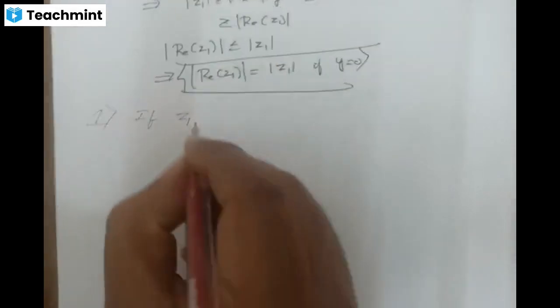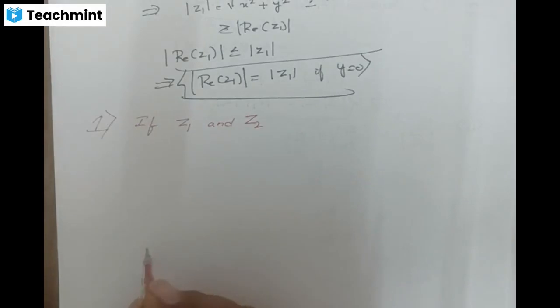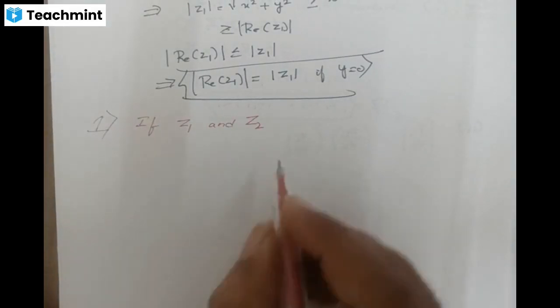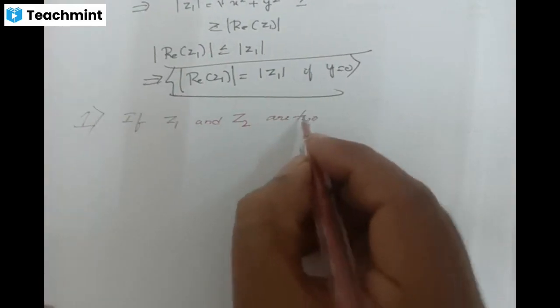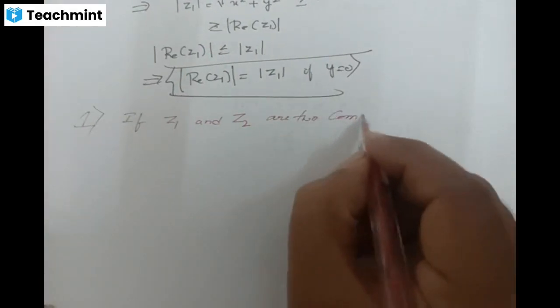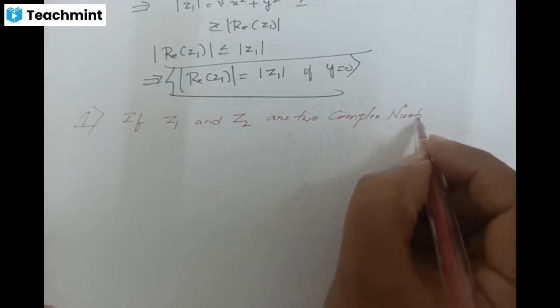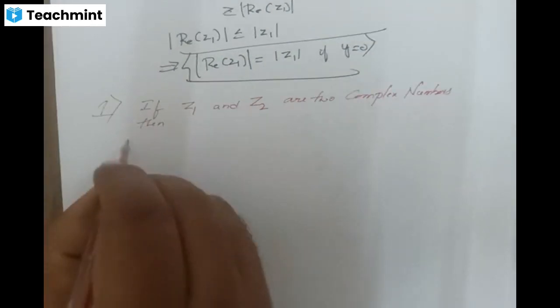If Z1 and Z2 are two complex numbers, then we have these identities.